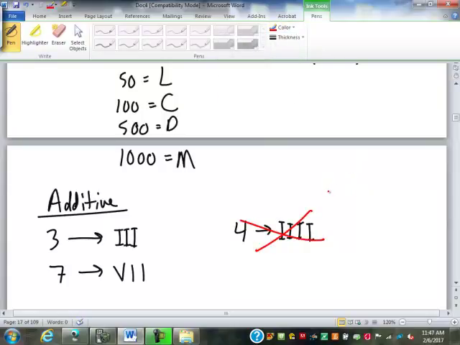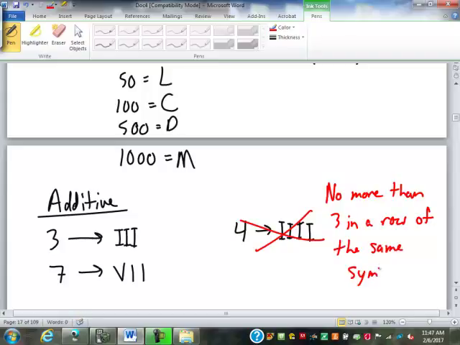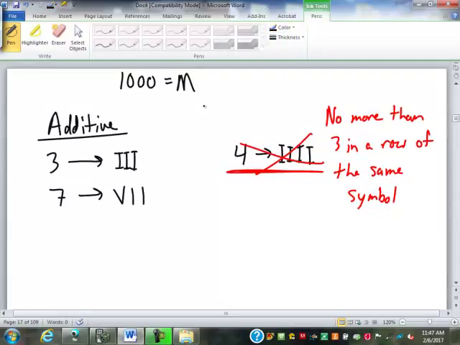One of the rules of their numbering system is no more than 3 in a row of the same symbol. So to express 4, since they couldn't put 4 1s in a row, they included a subtractive quality to their numbering system.